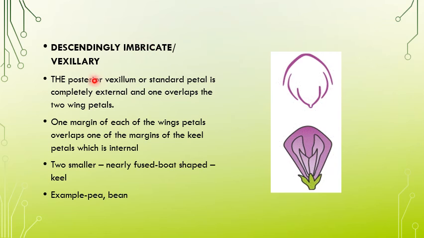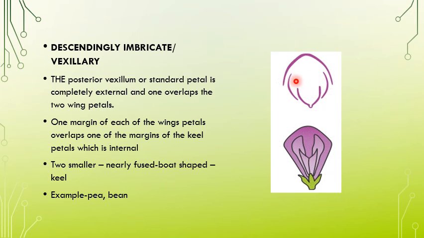The next is vexillary, which is very common in plants that are leguminous in nature. Legume plants, such as pea and bean, have nodules in their roots. The posterior vexillum, or standard petal, is completely external. It is of a larger size and overlaps the two winged petals.